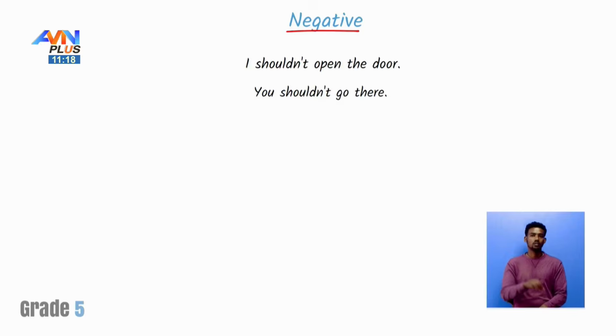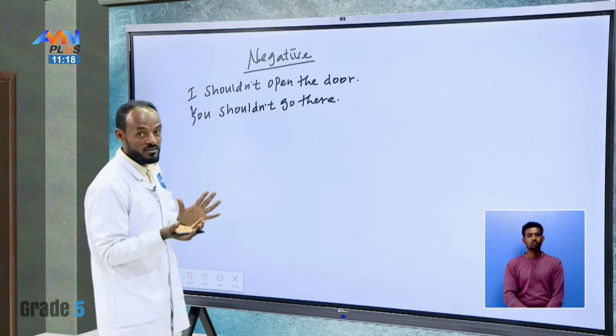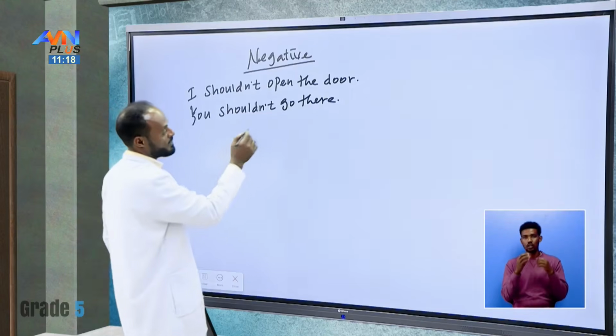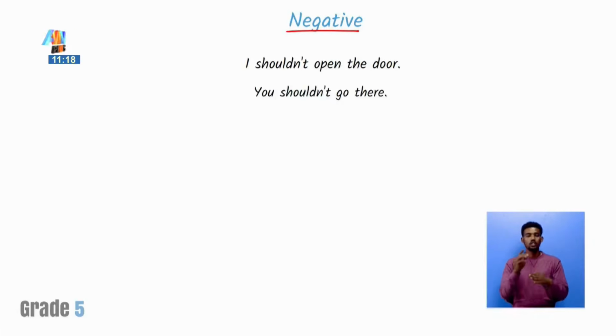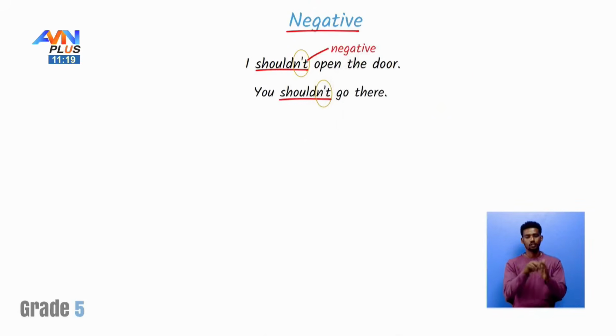Look, you shouldn't go there. It's like a piece of advice, which is strong. Maybe just for warning, you can use it. Shouldn't. So in this sentence, the word not shows what? The negative, isn't it? The negative mark. This one is also the negative mark. This means the negative sentence when we're using should.